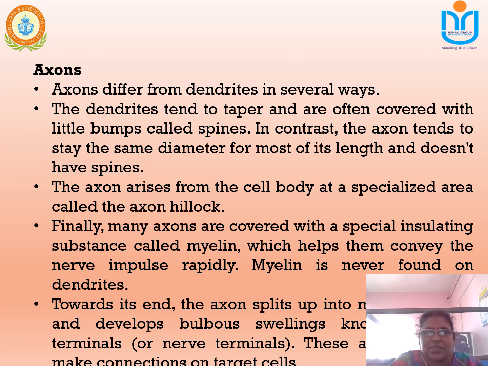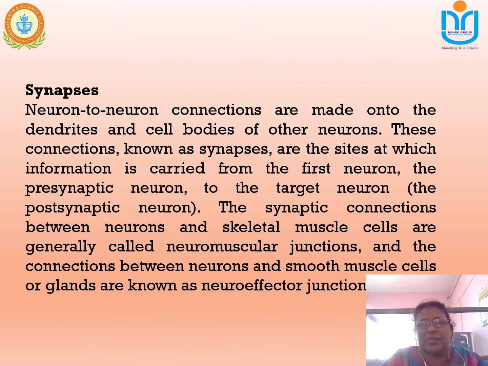Axons differ from dendrites in several ways. The dendrites tend to taper and are often covered with little bumps called spines. In contrast, the axon tends to stay the same diameter for most of its length and does not have spines. Coming to synapses, neuron to neuron connections are made onto the dendrites and cell bodies of other neurons.